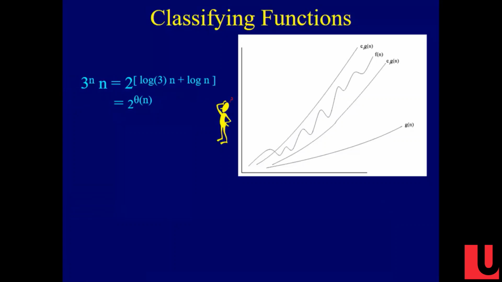And here's another thing. We could talk about 2. So theta of n is some constant times n. So 2 to the theta of n is 2 to some constant times n. And I'm claiming 3 to the n times n is part of that. You might say, oh, well, this is 3, not 2.